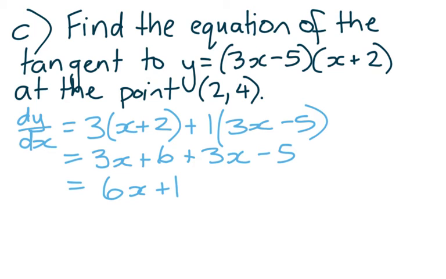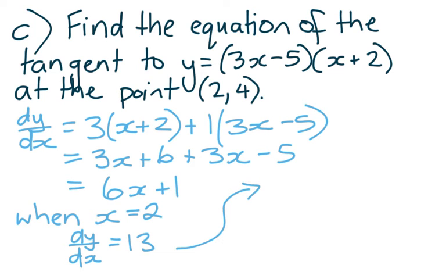Now it says at the point (2, 4), so when it's asking for the equation of the tangent, we need to find the gradient at that point. So when x equals 2, the gradient, dy by dx, is equal to 6 times 2, which is 12, plus 1, which is 13.